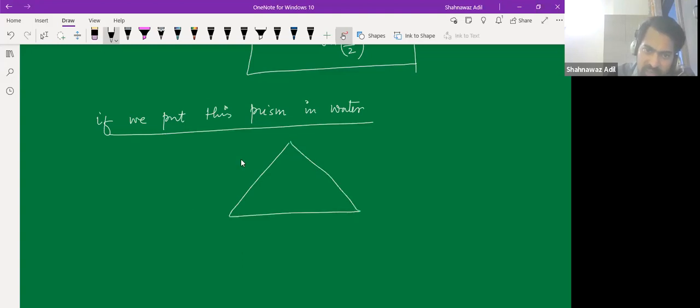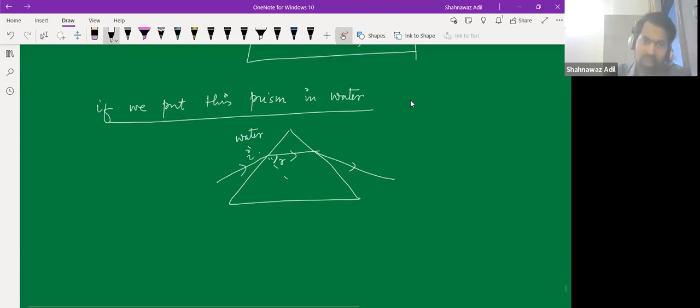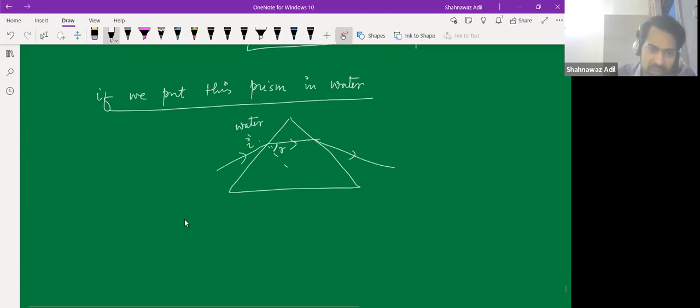Then this is water, this is the angle of incidence, and this is the angle of refraction. So now if we apply Snell's law, this would be how much?